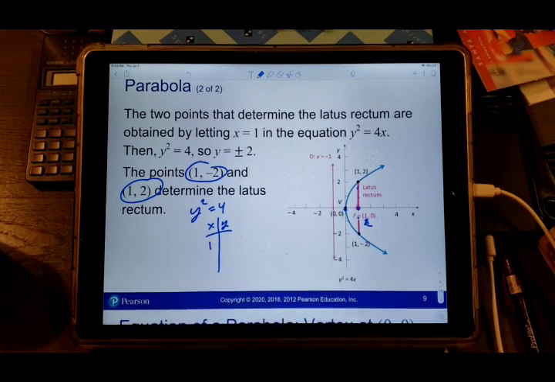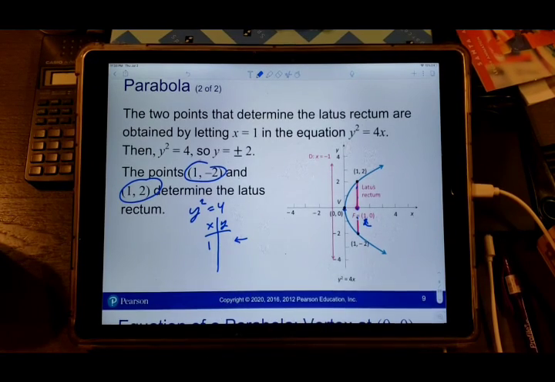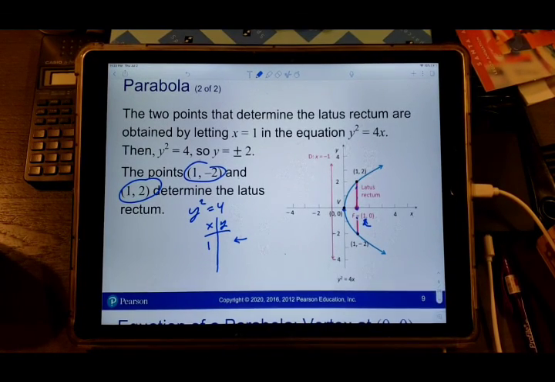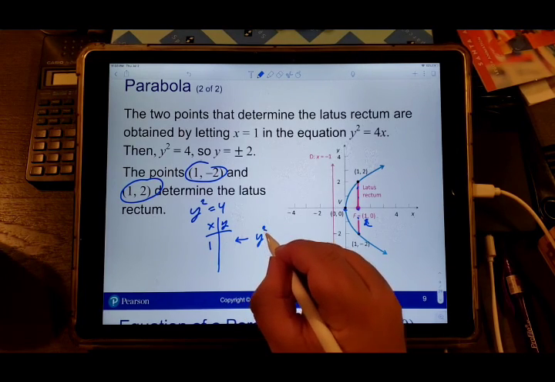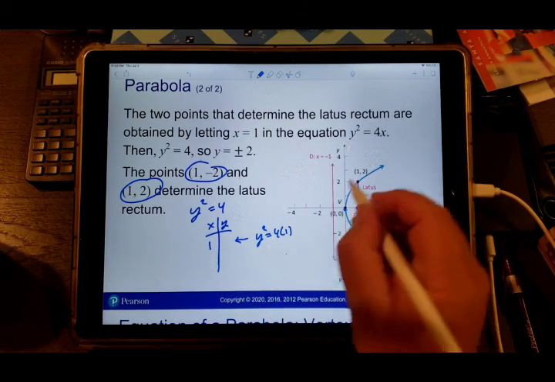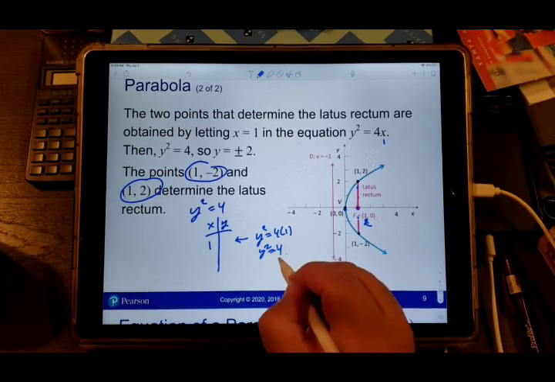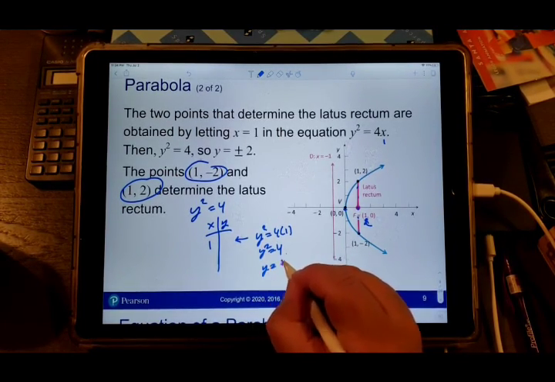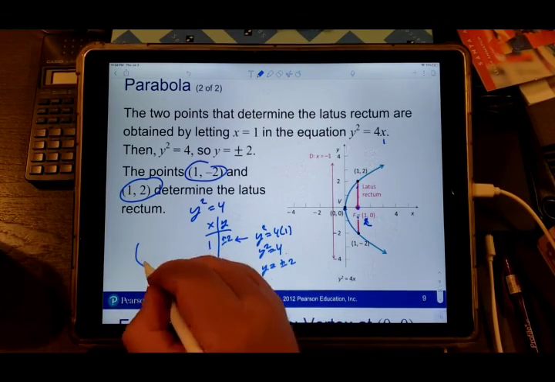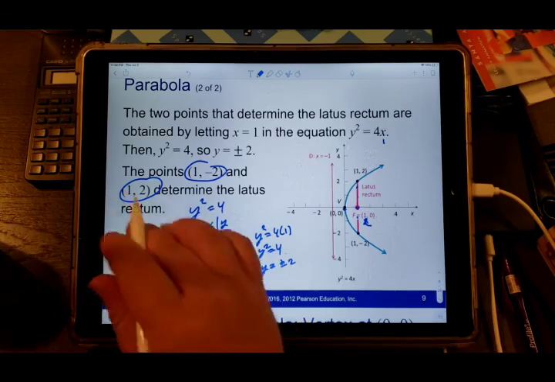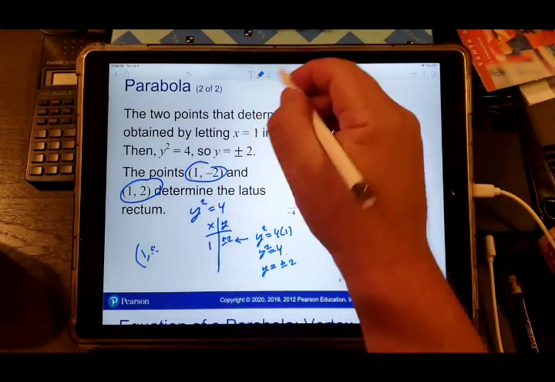So if I put in x equals 1, what would I get? Well, remember, this is not a function, so we will get a plus or minus. We get y squared equals 4 times 1, or y squared equals 4, so we do get y equals plus or minus 2. So the ordered pair, if I'm being a little lazier than the author, would be 1 comma plus or minus 2.